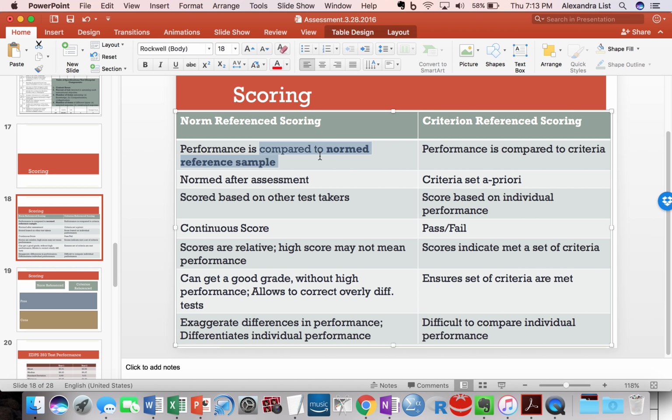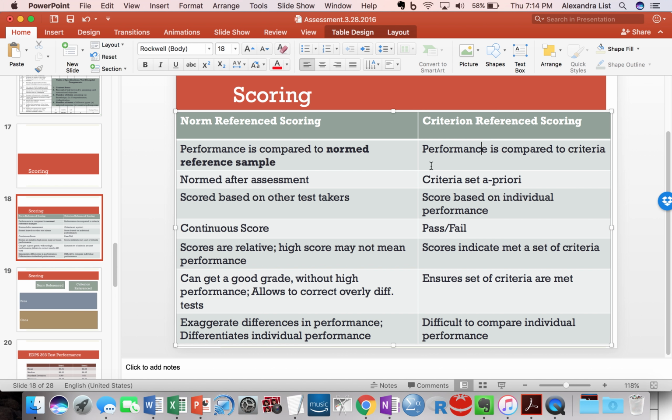Which means on the one hand, if everybody does badly, that may boost your grade, but if everybody does kind of in the middle, then that may exaggerate differences or leave you with a lower grade than you otherwise would have gotten. Whereas when we're talking about criterion reference scoring, we're setting out a level of performance that you have to achieve. And so we're setting out a level of quality. But at the same time, that means that we can't really compare individuals' performance to each other.